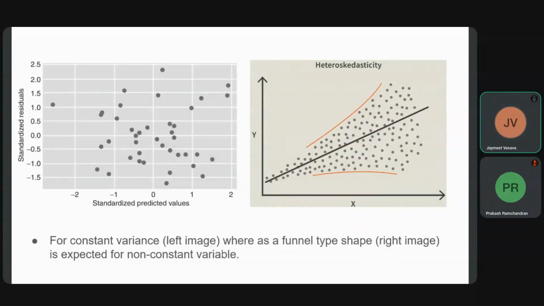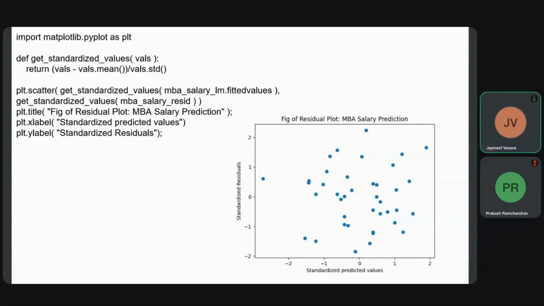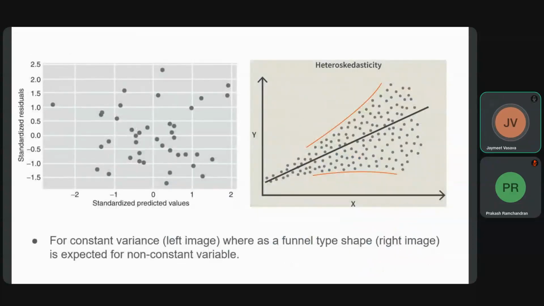You can see that the data points are not forming any kind of funnel shape. A similar screenshot is displayed on the slide. On the left, we have homoscedasticity, a graph with constant variance, and on the right we have heteroscedasticity, with non-constant variance.